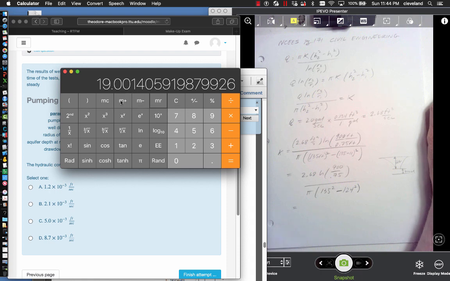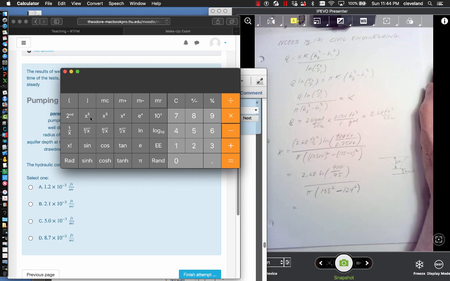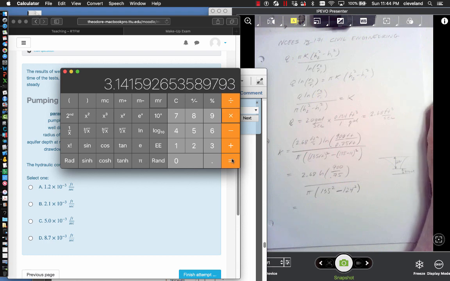Add that to memory. Then 135 squared minus 124 squared equals that, times pi equals that.